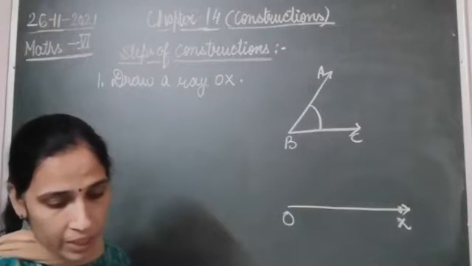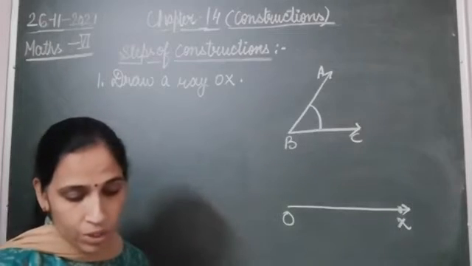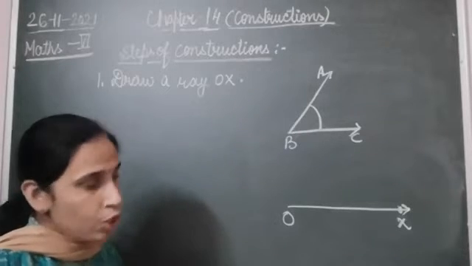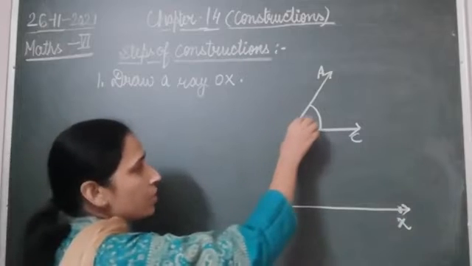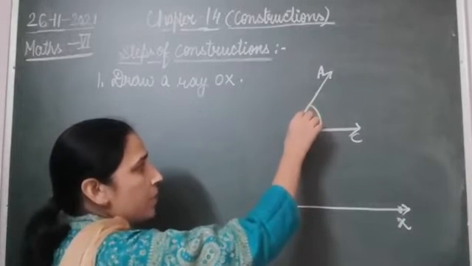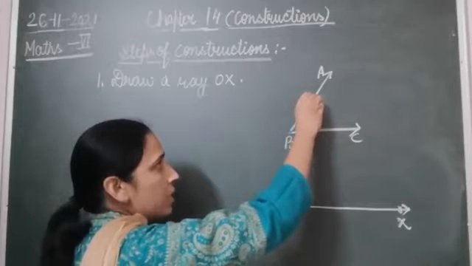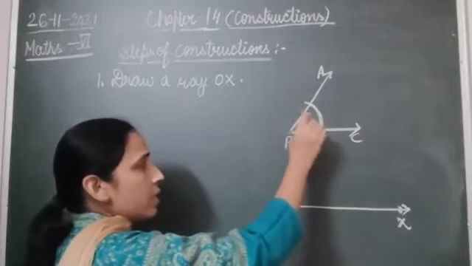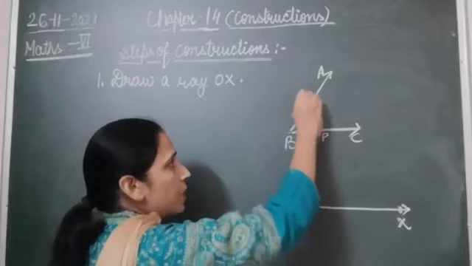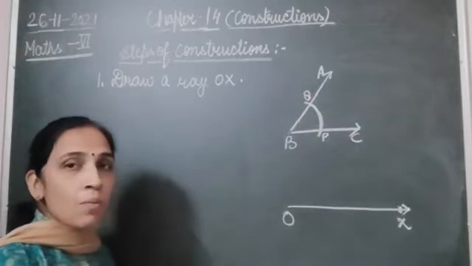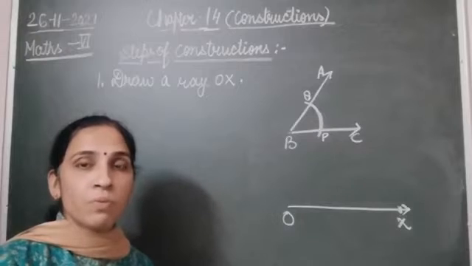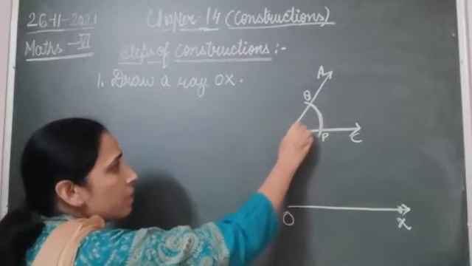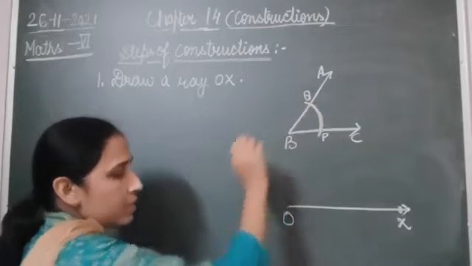After this, with B as a center and any radius, draw an arc cutting BA and BC at P and Q. Now we'll put the compass on B as a center and make an arc cutting these two line segments, and name the points P and Q. Whatever length of compass we open, we keep it and make an arc which cuts BA and BC at P and Q.